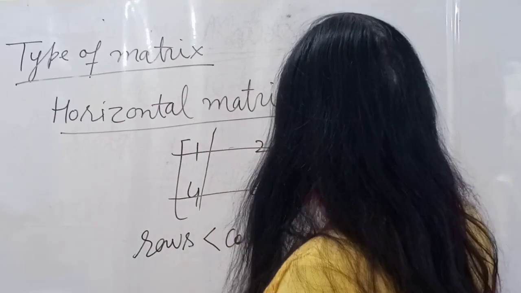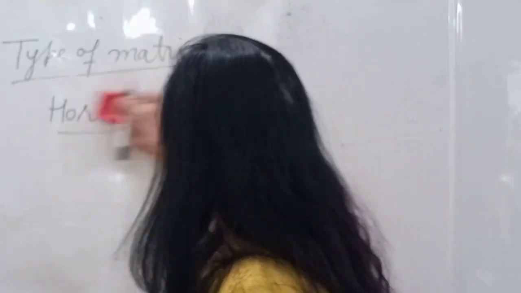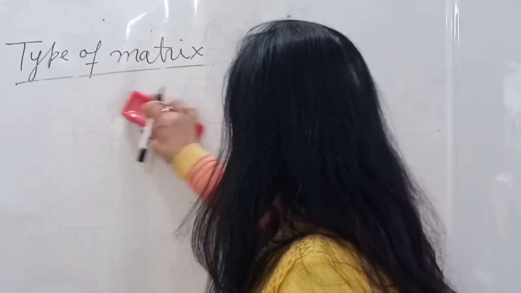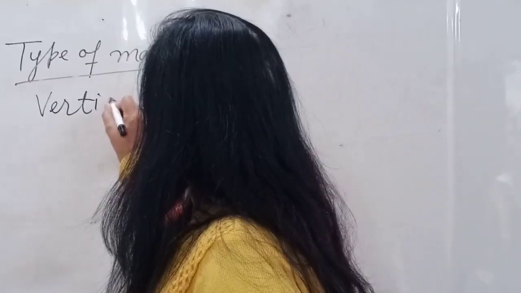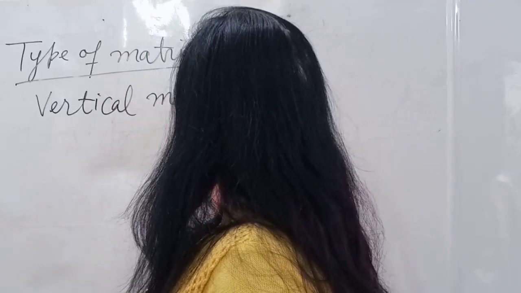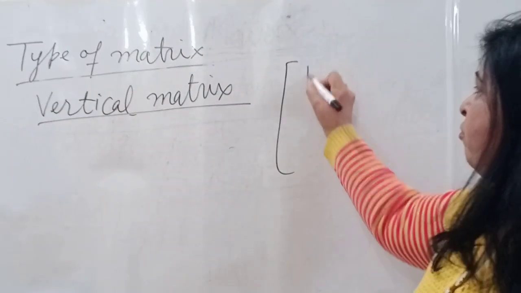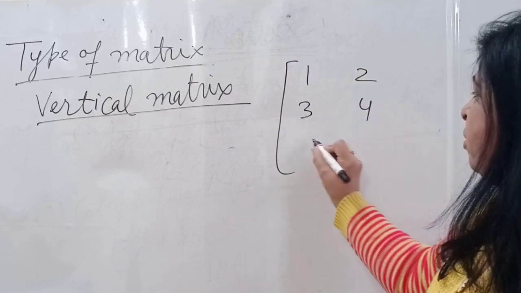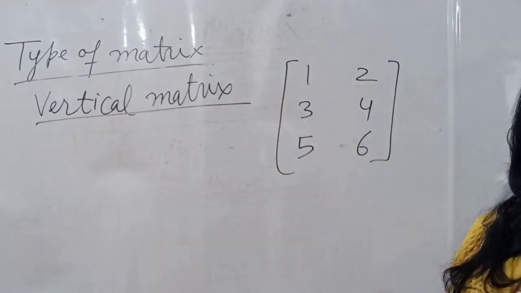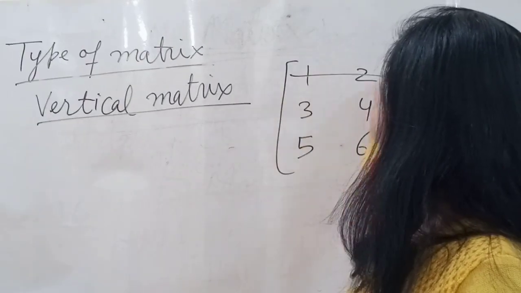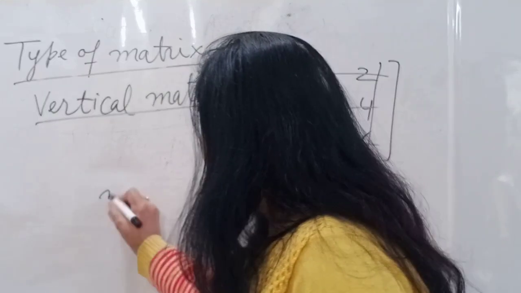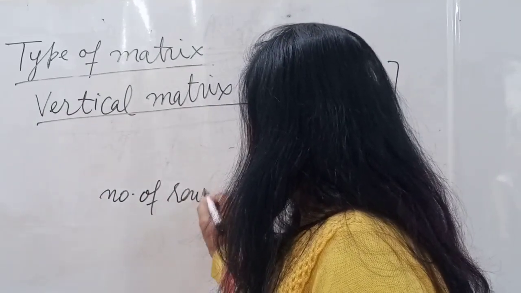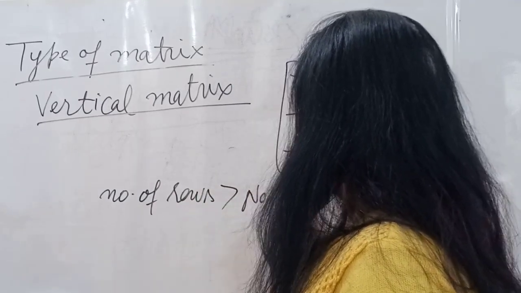Next you have the vertical matrix. Example 1, 2, 3, 4, 5, 6. Now you can see that here the number of rows is 3, number of columns is 2. So the number of rows is greater than the number of columns.